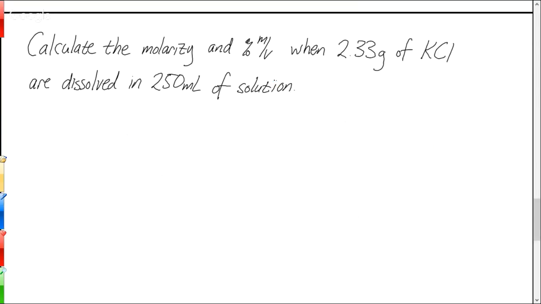So use the definitions that we just went through. You'll have to convert a few units and see if you can come up with the molarity and the percent mass by volume for this particular solution.